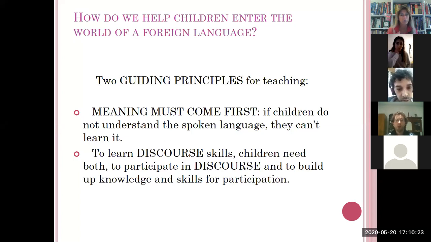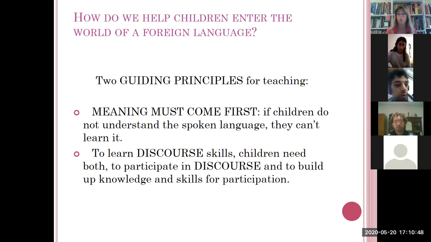The spoken, and I would say here, the spoken and the written language. If they don't understand it, they can't learn it. And then to learn discourse skills, children need both to participate in discourse and to build up knowledge and skills for participation, right? We know and we have discussed what discourse is.